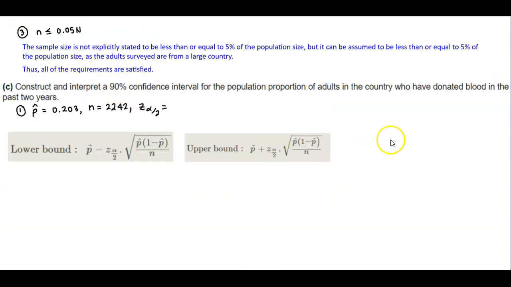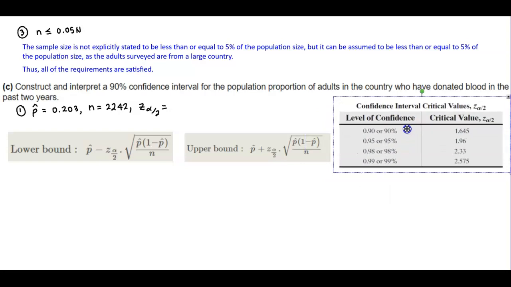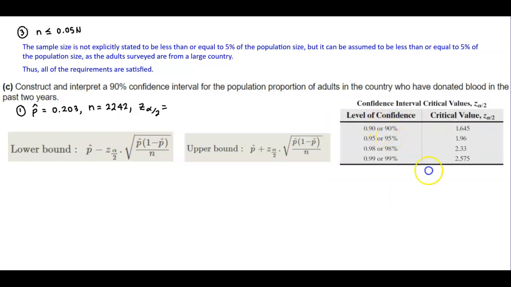In this case we have a 90% confidence interval, and the table tells us that the critical value is 1.645. We can either find that by using the inverse norm option or finding alpha divided by 2, or since this is a common confidence interval, we can just use the table.